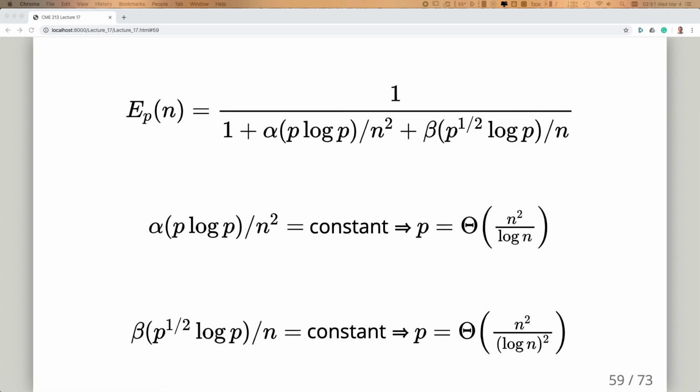The second is constant, and now the first one goes to 0. So that is the correct one. Hence the correct answer is the second line here. This is the one that makes sure that this term is constant and this one goes to 0. If you try the first option, this one is constant, this one goes to infinity, so efficiency goes to 0, so clearly that doesn't work out.